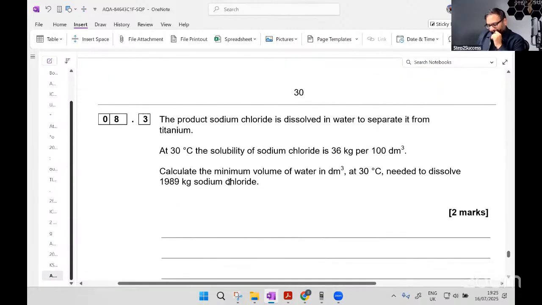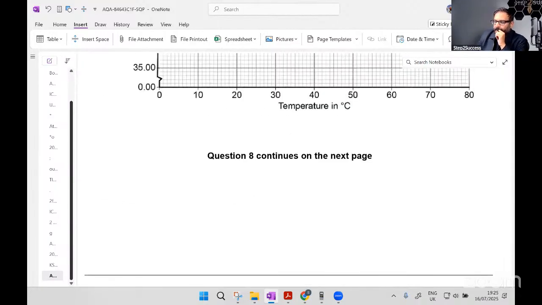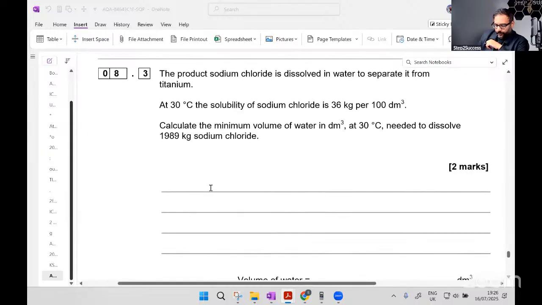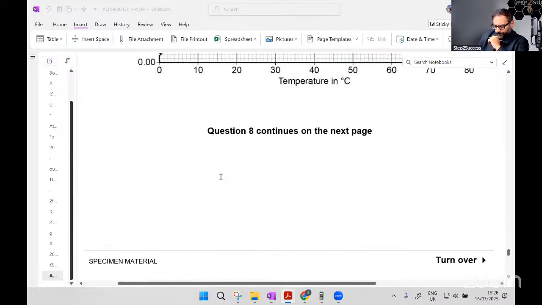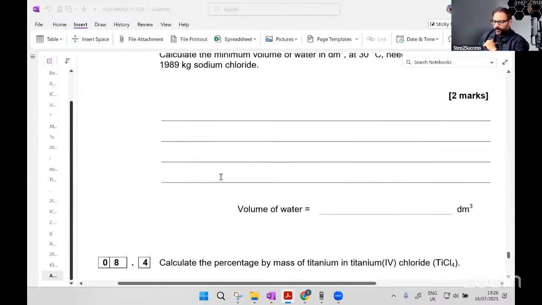Okay, this is a bit difficult to do because I need the previous answer for it or the graph. Actually, no, I don't. No, I don't need the graph, sorry.